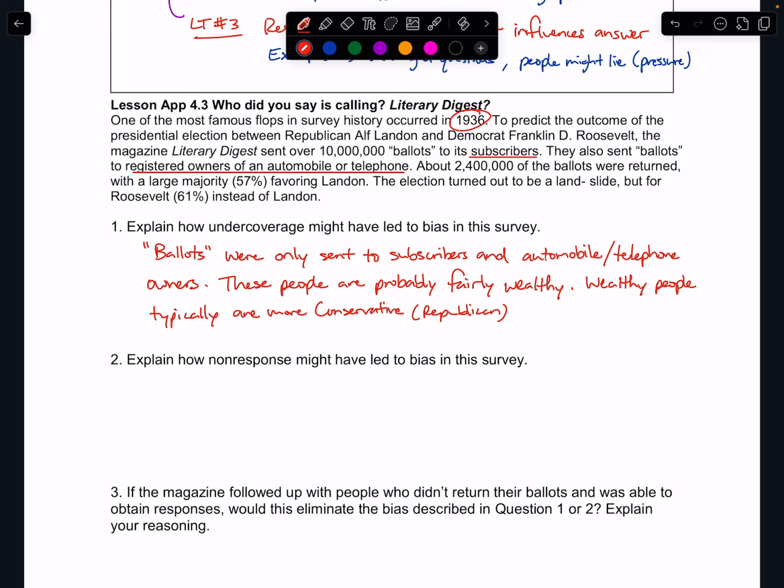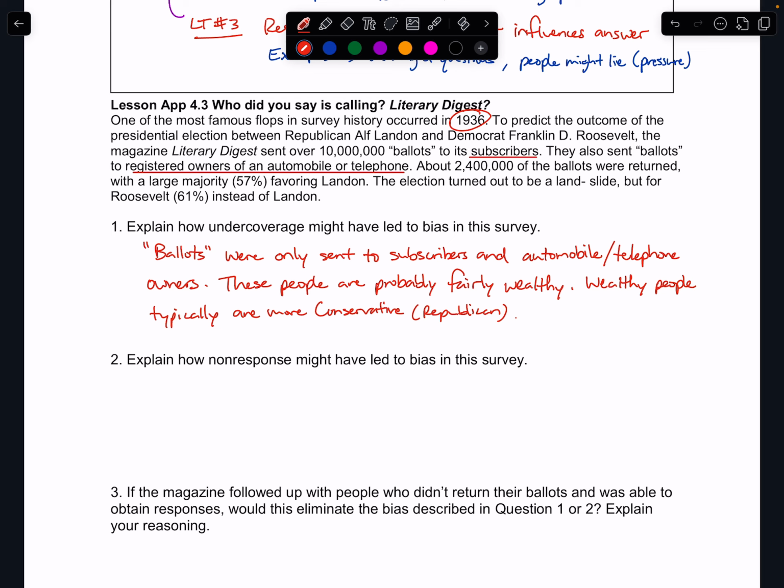And again, not all wealthy people vote Republican, but a good chunk of them, maybe even a majority of them, do typically agree with a lot of conservative policies because it helps keep the money in their pockets.